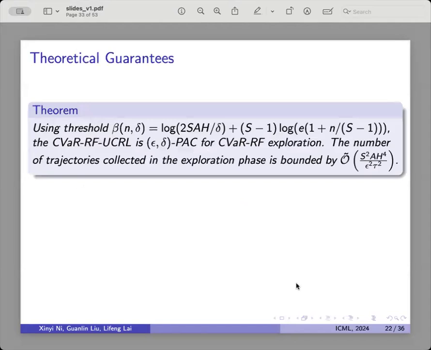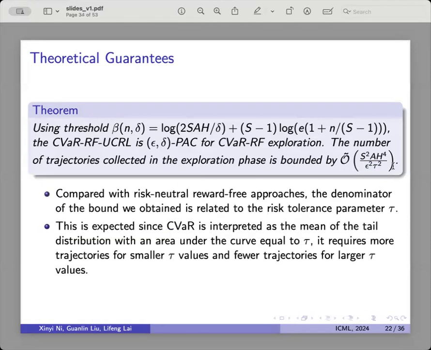And here we present some theoretical guarantees of our exploration algorithm. So the first thing is that using this kind of threshold, the CVaR IF UCRL is PAC for CVaR IF exploration, and the number of trajectories collected in the exploration phase is upper bounded by this value.